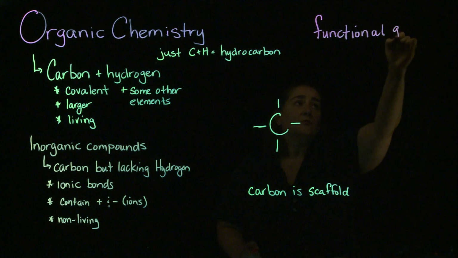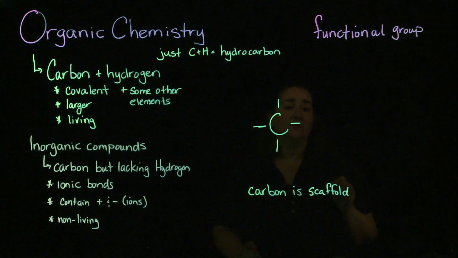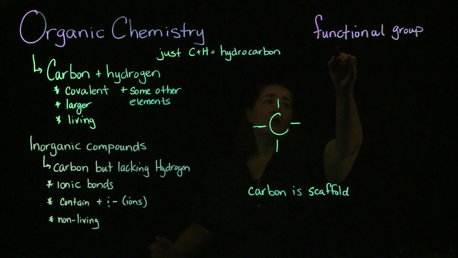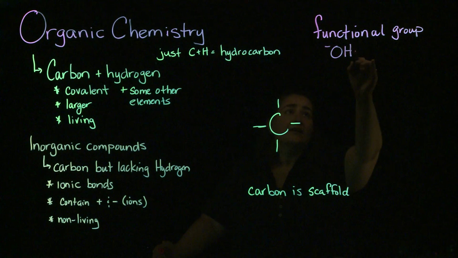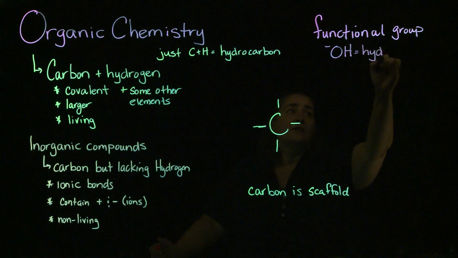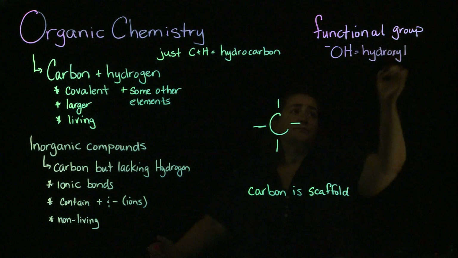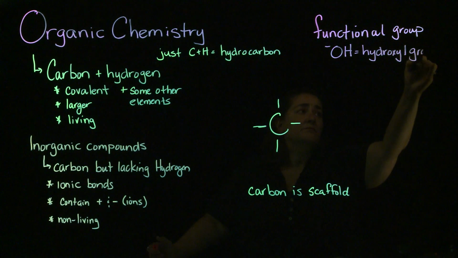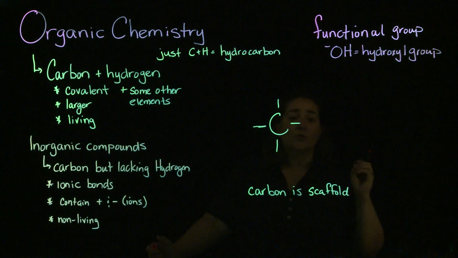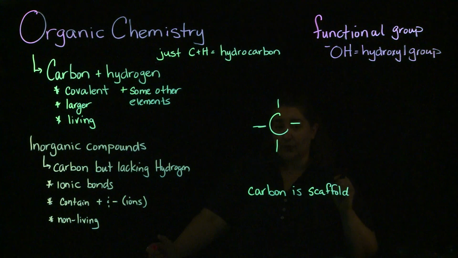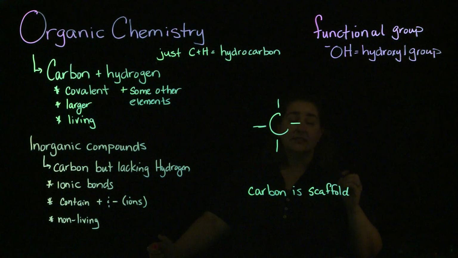Functional groups, when I talked about acids and bases, okay? That functional group I talked about was the OH minus, okay? That was our hydroxyl group. So a hydroxyl group is one example of a functional group. And it's one that you're going to very commonly see in chemical structures related to biology. Some other functional groups that I want you to be able to identify.